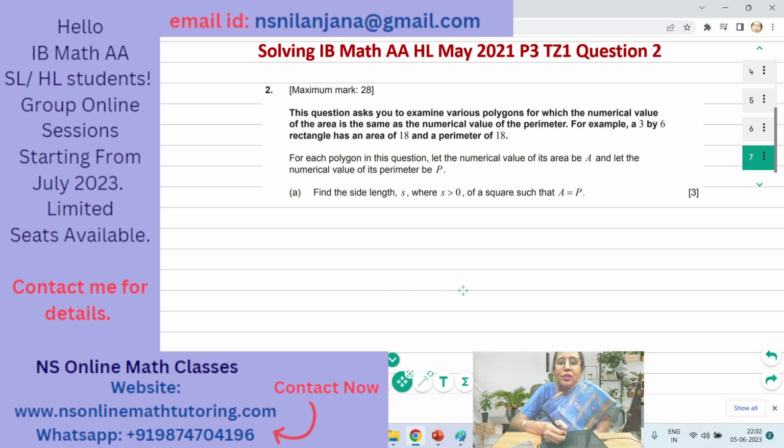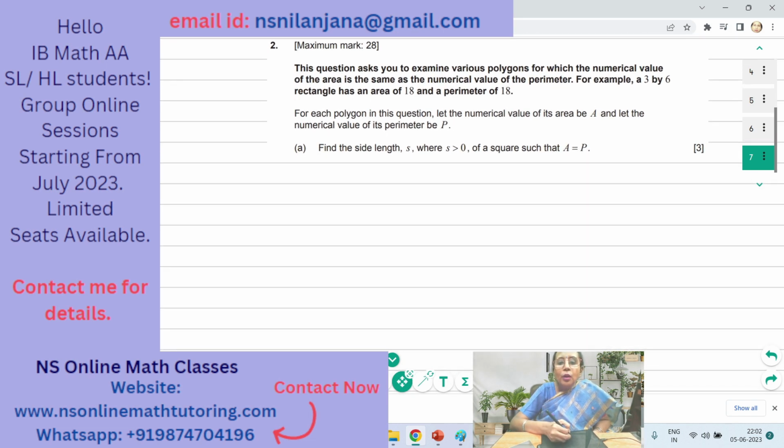So, question number 2. It contains a maximum mark of 28. This question asks you to examine various polygons for which the numerical value of the area is the same as the numerical value of the perimeter.